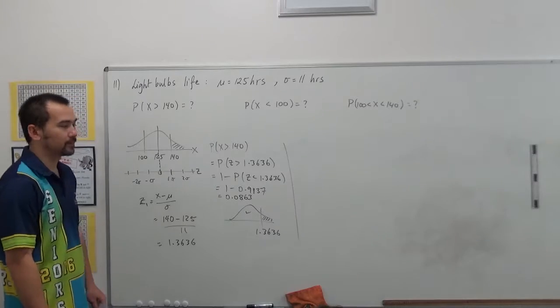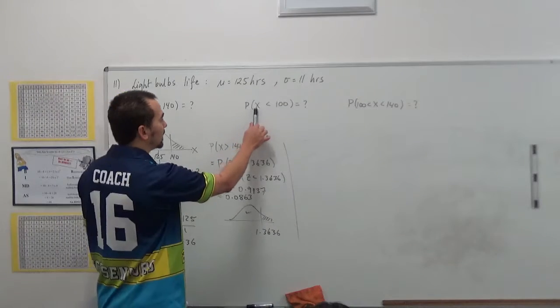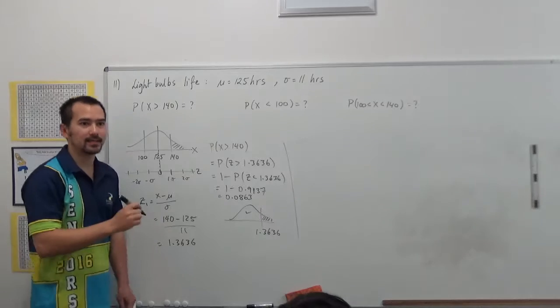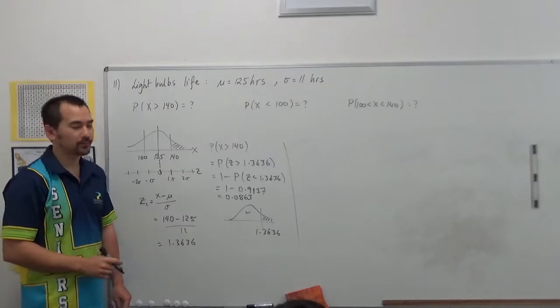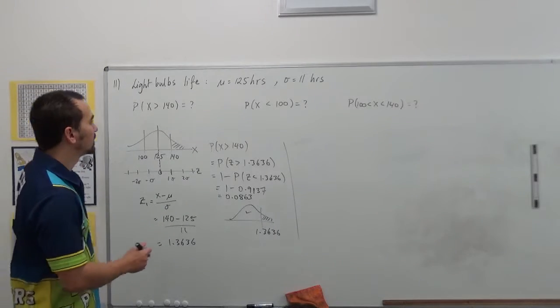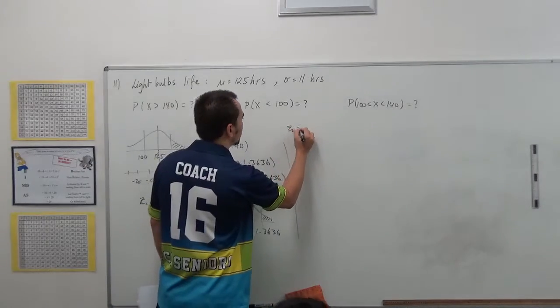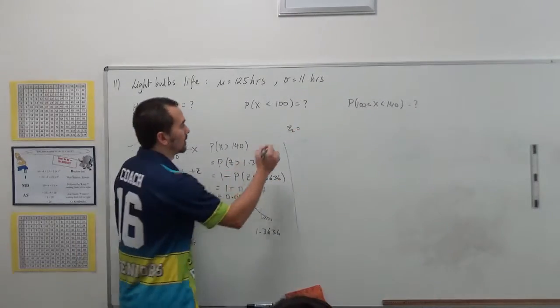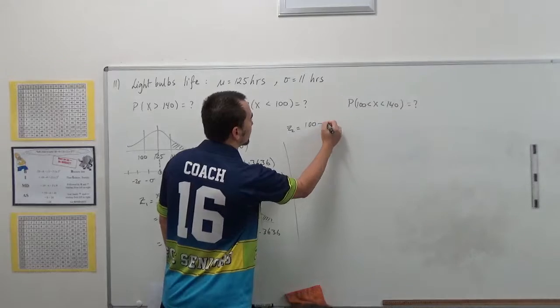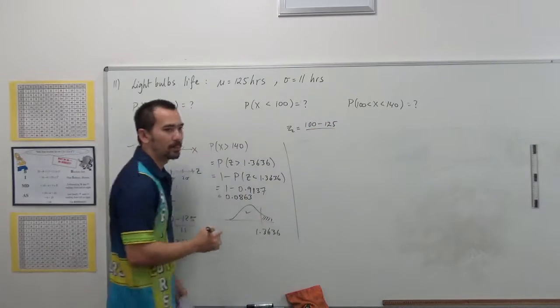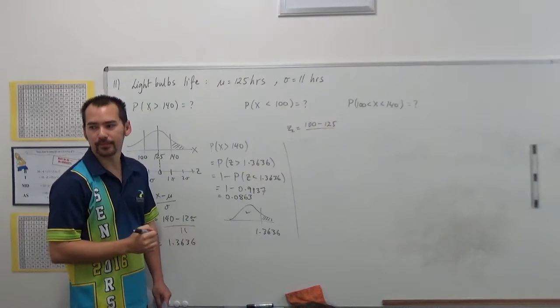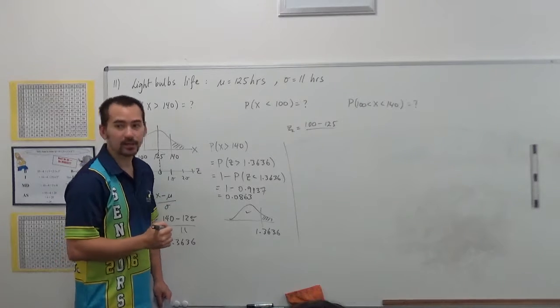Let's do the next part. We're going to find the probability that a light bulb lasts less than 100 hours. Okay. So we put in our z-score. 100 take away 125. What's going to happen to our answer? It's going to be negative, that's right.